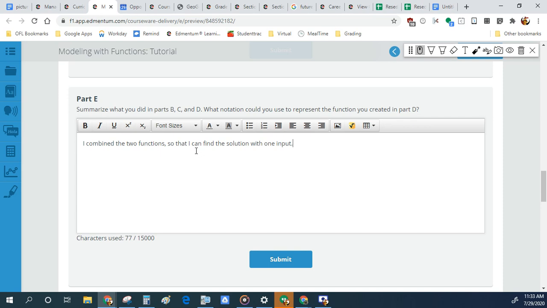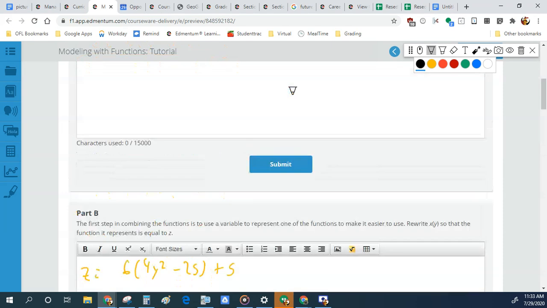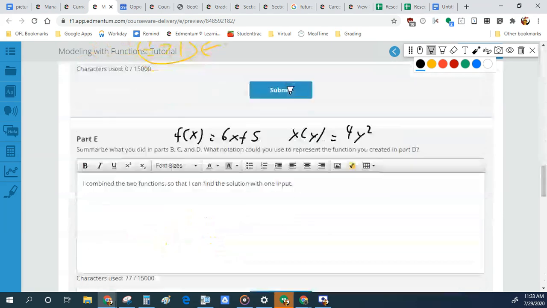Because that's all you're doing. Like the way it was before, you had two different inputs, right? You had f of x equals 6x plus 5, and then you had x of y equals 4y squared minus 25. So you took two functions and you combined them into one.